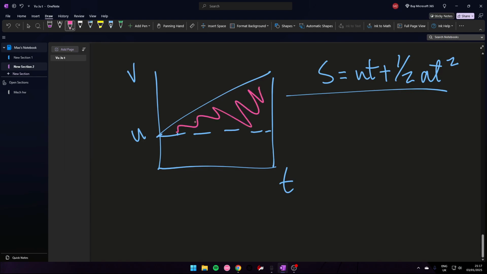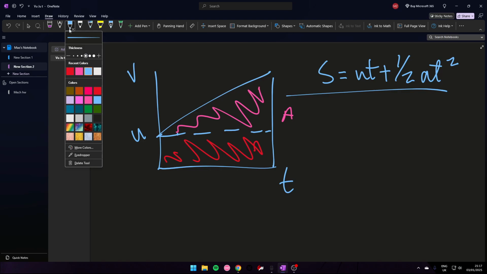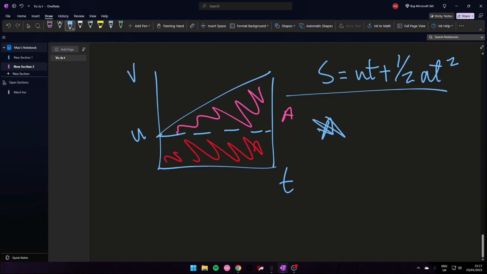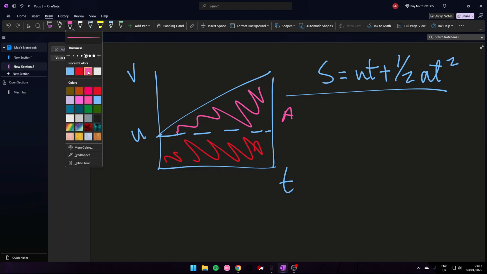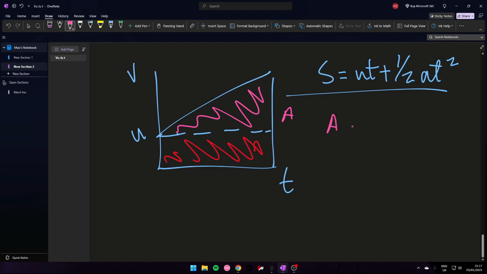We have area A and we have area B. Area A is equal to v take away u over 2 times t.